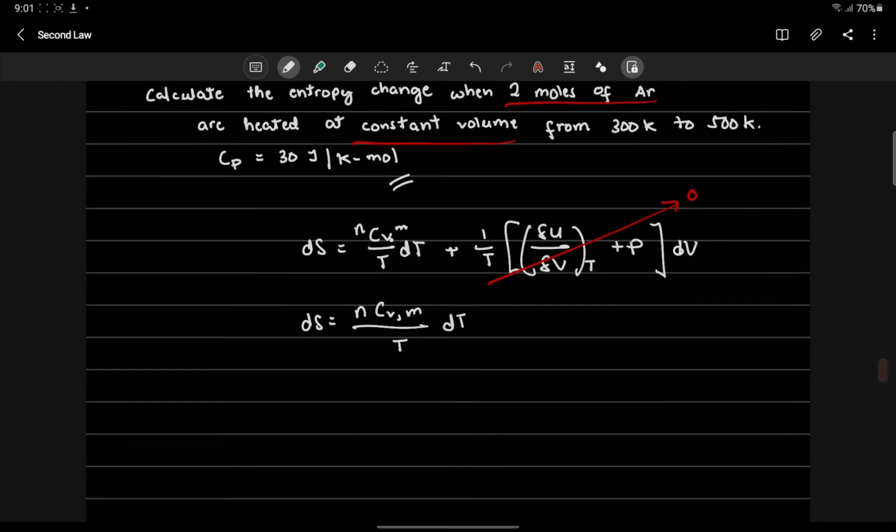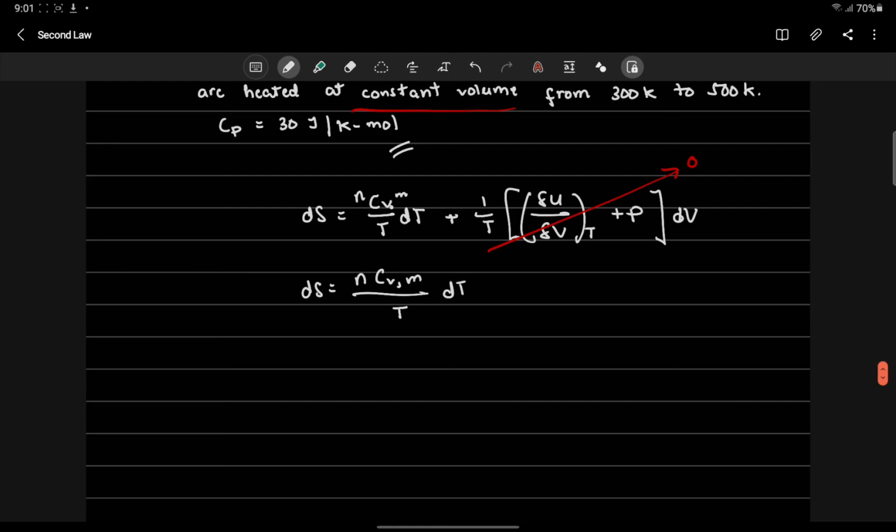And if we can do that, remember the relationship that Cp or the molar heat capacity constant pressure minus constant volume molar heat capacity is equal to R. Okay? Kasi Cv yung meron sa ating final working equation, right? So we want to calculate the value for the constant volume heat capacity. So therefore, that will be Cpm minus R. The value for Cpm is given, 30 joules per Kelvin mole.